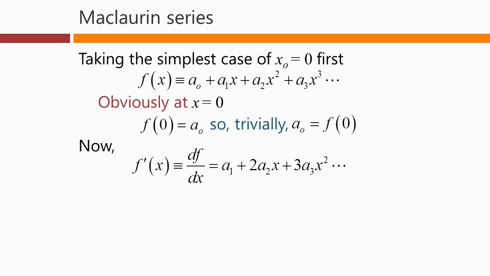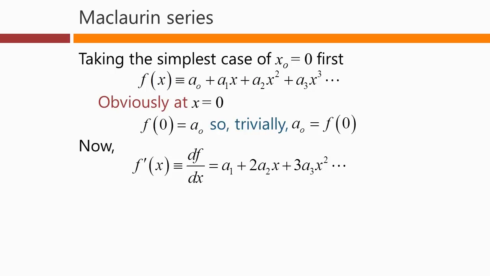What about a1? Can we figure out what a1 is from our knowledge of the function? Well, if we take the derivative of f of x with respect to x, then the derivative of a0 itself is just 0. The derivative of this term here is a1. And the derivative of this term here is 2a2 times x.